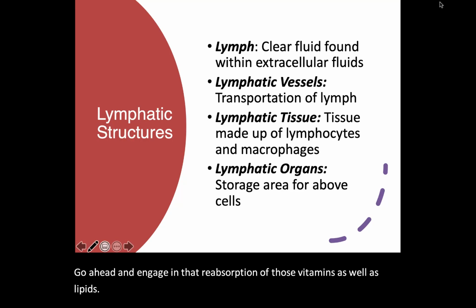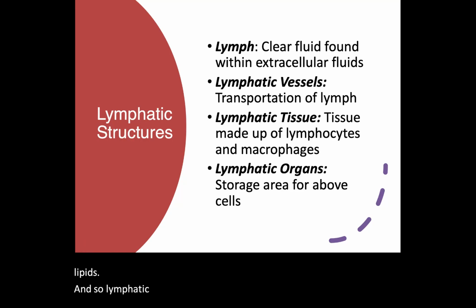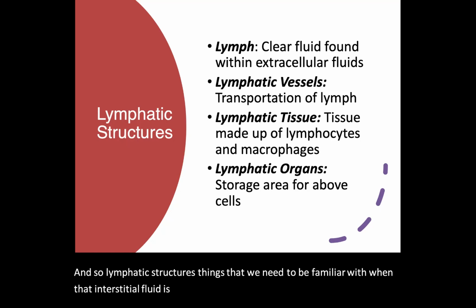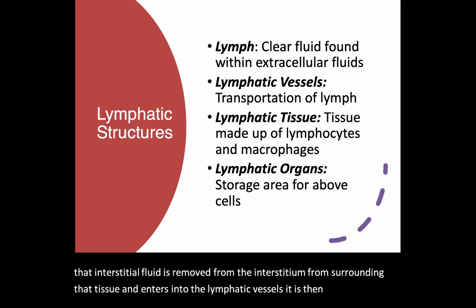And so, lymphatic structures, things that we need to be familiar with. When that interstitial fluid is removed from the interstitium, from surrounding that tissue, and enters into the lymphatic vessels, it is then referred to as lymph.